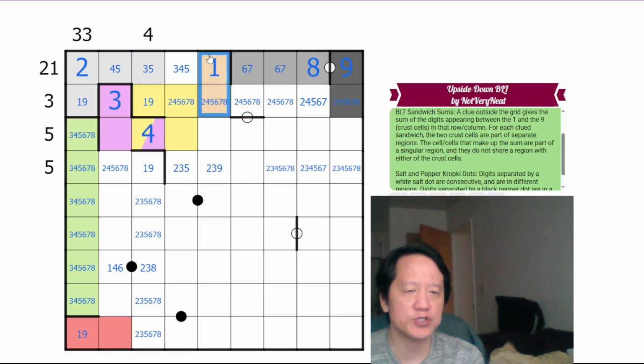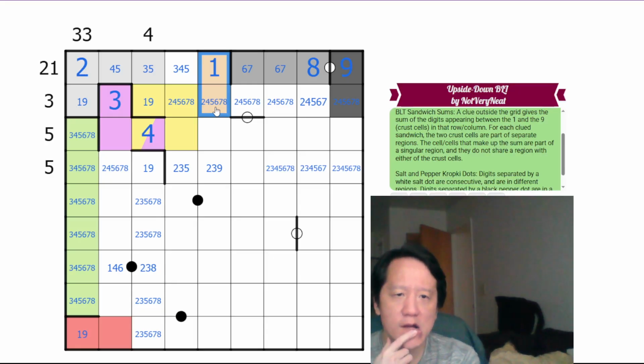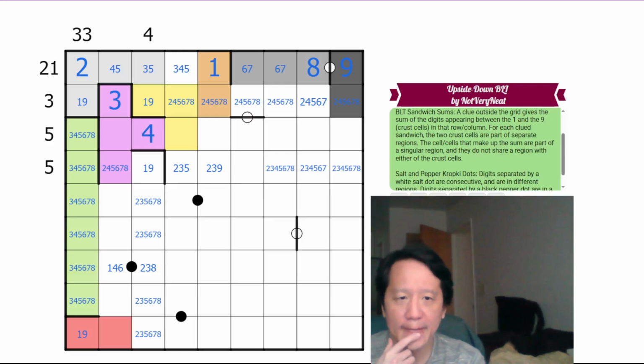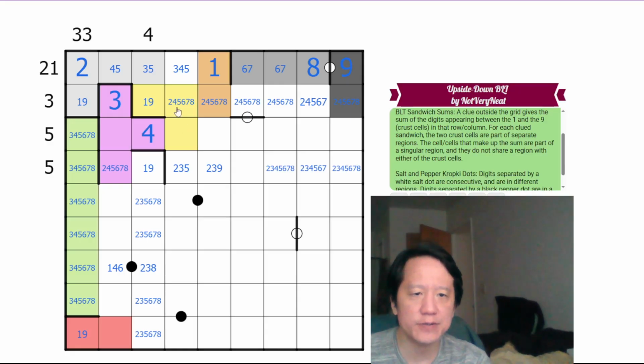We're not sure which one. Oh, this can't be yellow. So this must be pink. So these are separate regions. So pink has to go down here. This is a different region than pink. So this is going that way. So this is a boundary here.